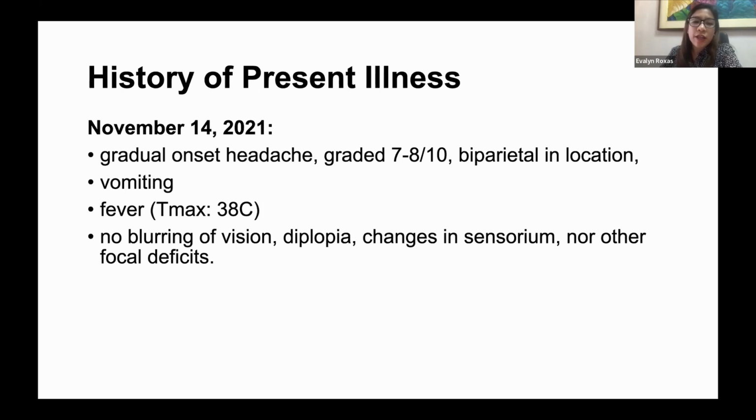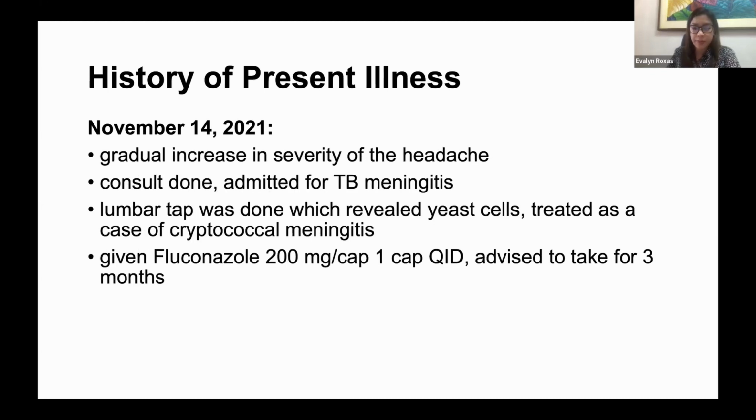It started with a gradual onset of headache with 7 to 8 severity out of 10 on the pain scale, biparietal in location. He also presented with vomiting and was febrile, no? There was no blurring of vision, diplopia, or changes in sensorium noted, and no focal deficits.